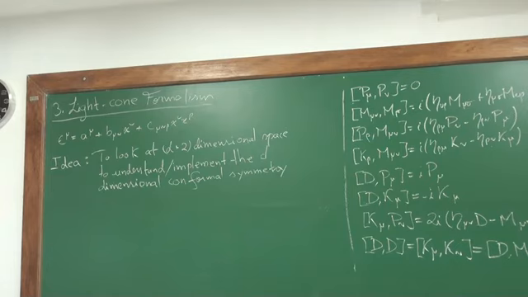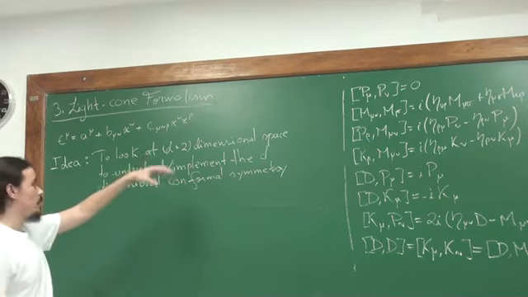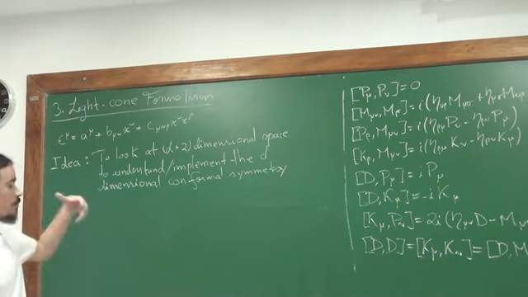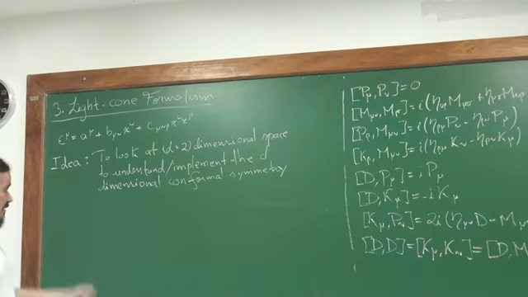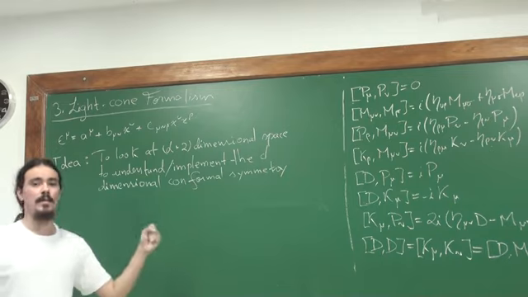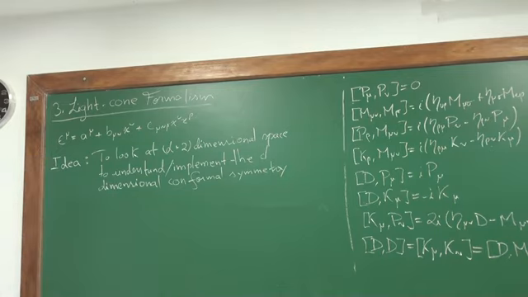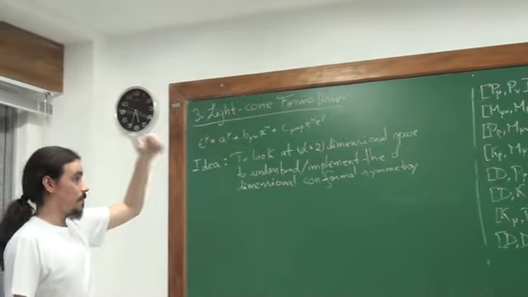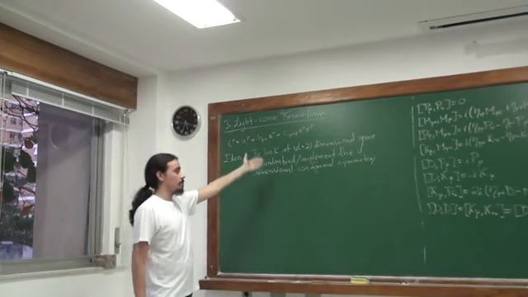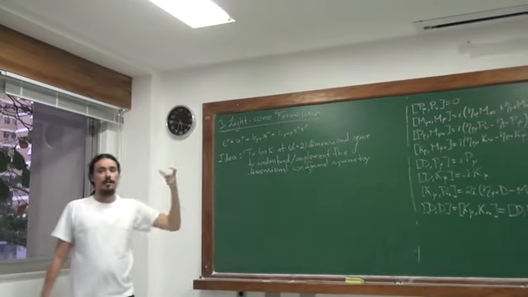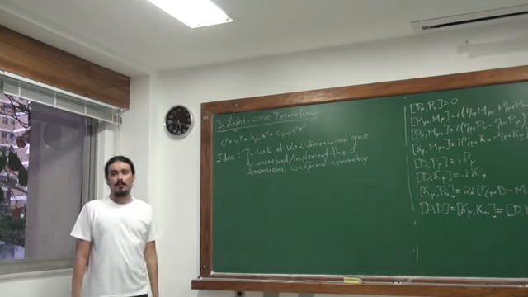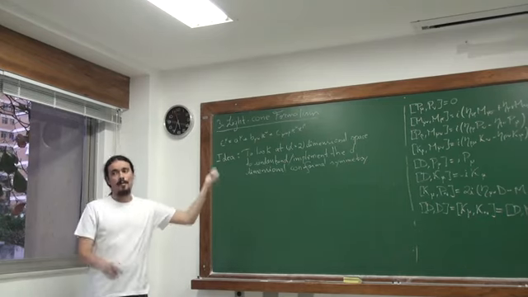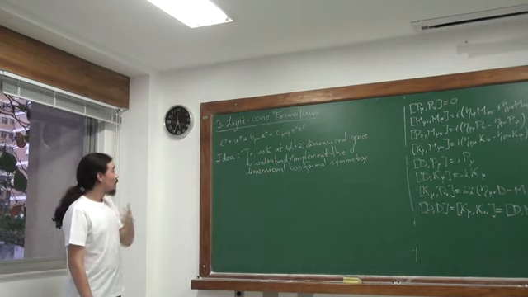Or maybe another way to put it is just to look at a d plus 2 dimensional fictitious space to understand and implement the conformal symmetry on the physical d-dimensional space. Why? Again, because in this d plus 2 dimensional fictitious space, we know that these conformal transformations just act like rotations, or Lorentz transformations at least, because we have one more time dimension.